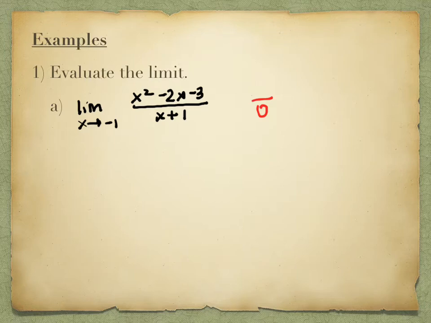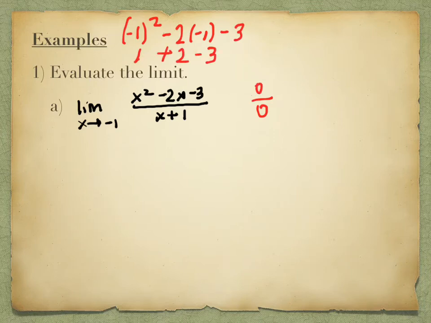You get 0. It's -1 squared minus 2 times -1 minus 3. This is a 1, a 2, and then a -3. So you do get 0. So you have to test that. And in order for me to know that you tested that, you've got to somehow write on there that you got a 0 over 0, and now you're going to use L'Hopital's rule.